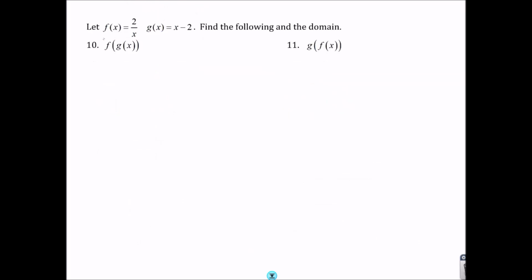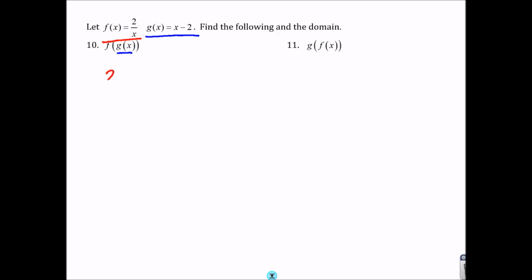For these next two problems, we have that f of x is 2 over x, and g of x is x minus 2. So again, we're asked to find f of g of x and its domain, and then g of f of x and its domain. So for the first problem here, we're going to take g of x and plug it into f of x.